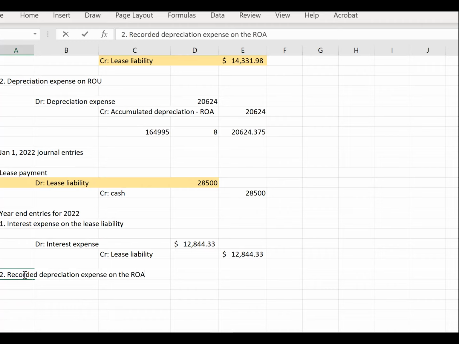And our next entry is going to be to record depreciation expense on the right of use asset. Then we're going to have debit depreciation expense and credit accumulated depreciation, right of use asset.